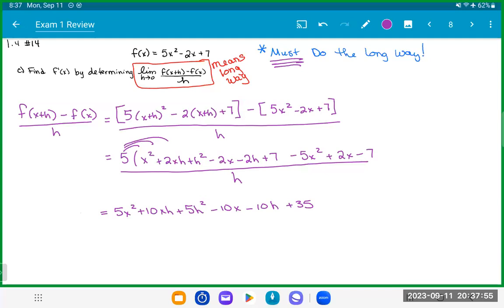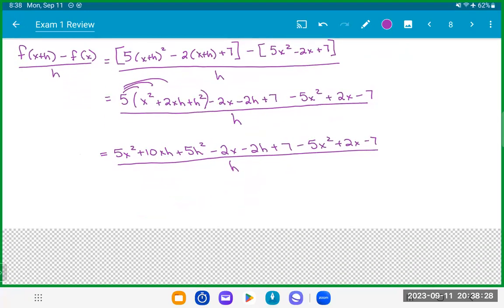Sorry. This only goes to that piece. We don't add it to these. So it's 5x squared plus 10xh plus 5h squared minus 2x minus 2h plus 7 minus 5x squared plus 2x minus 7, all divided by h.